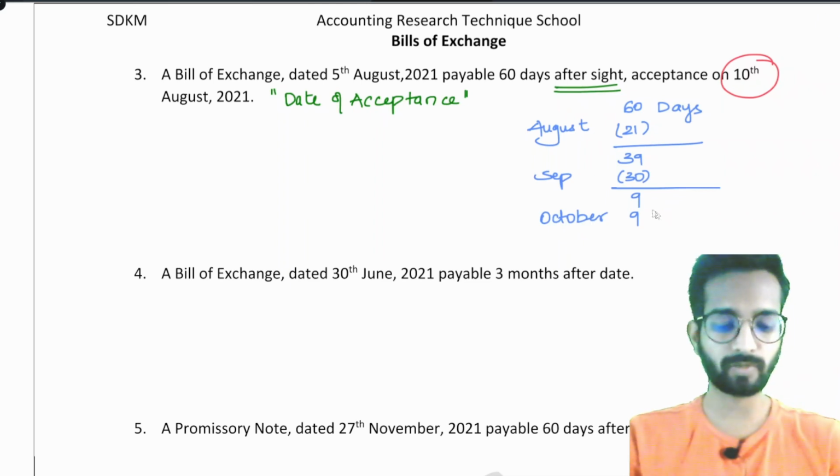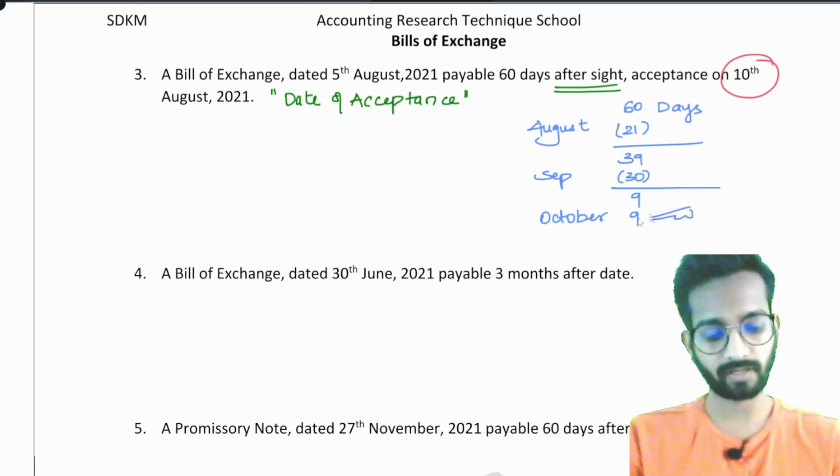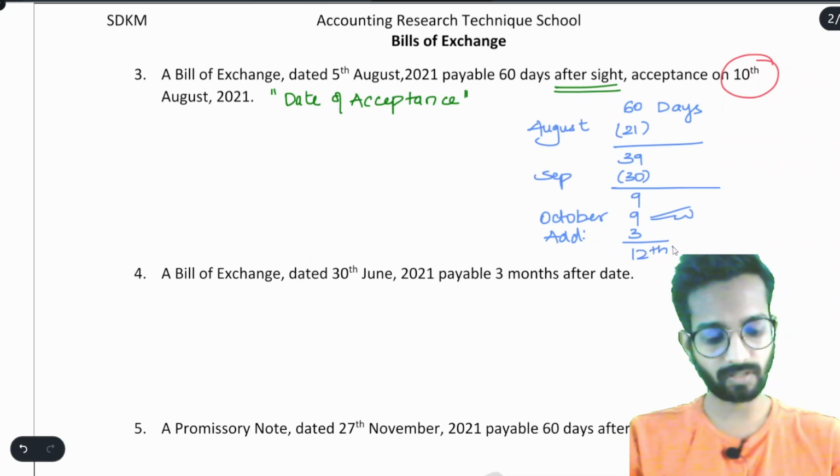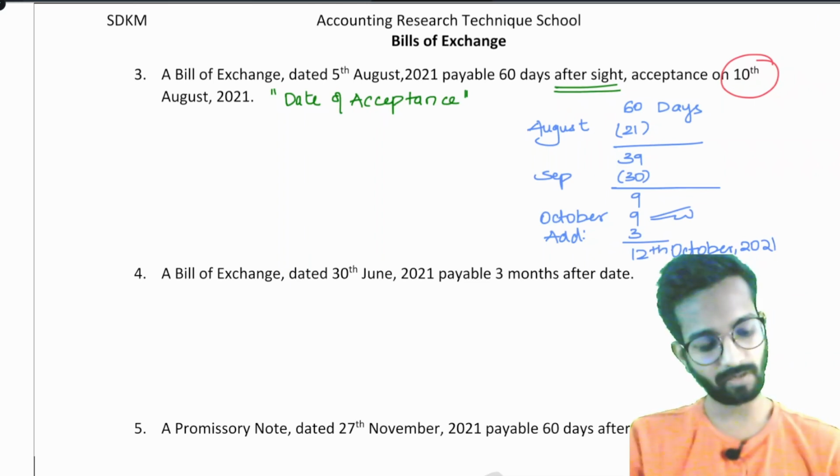So 9th October becomes my due date. And when 9th October becomes my due date, I have to add 3 days of grace. 9 plus 3, 12. 12th October is your due date. 12th October 2021. This is the due date. Very, very simple.